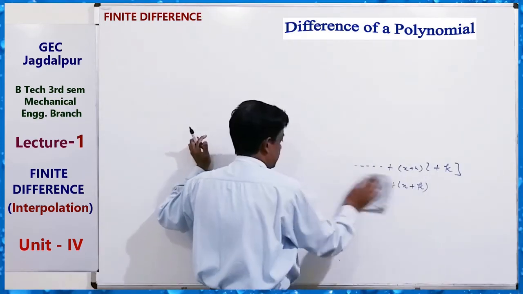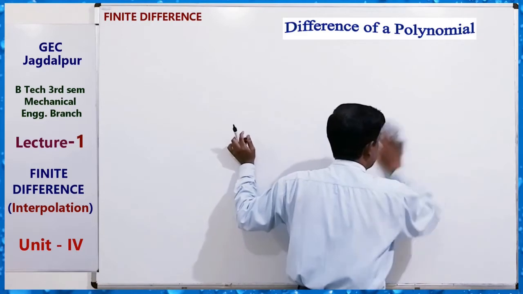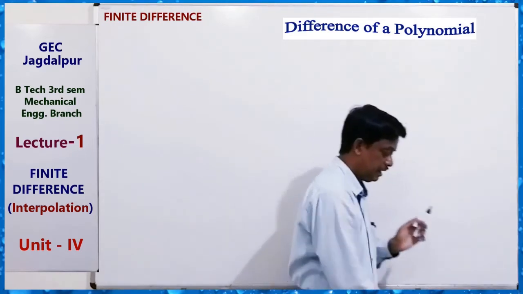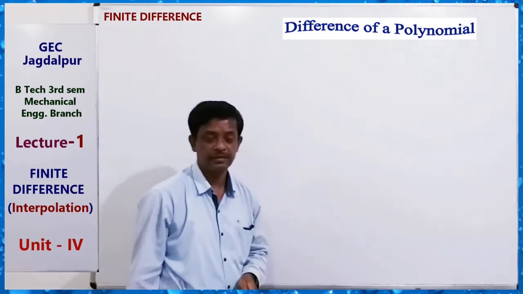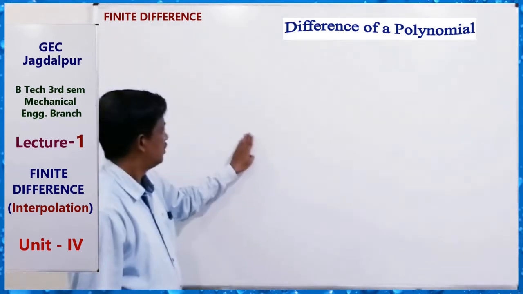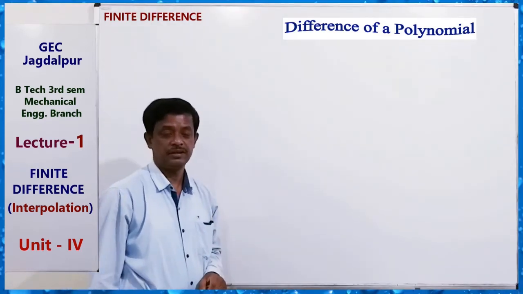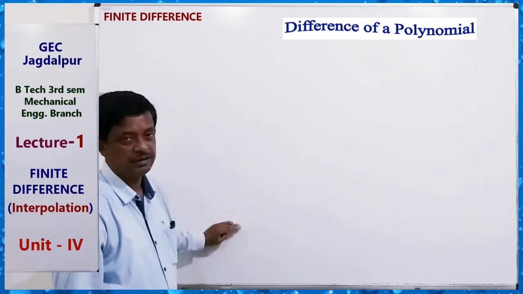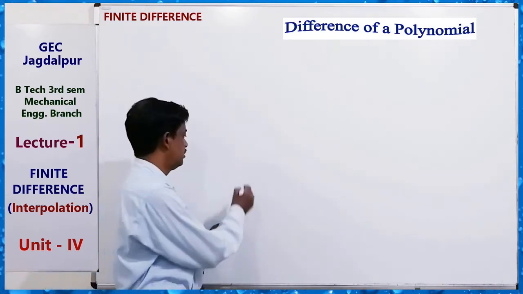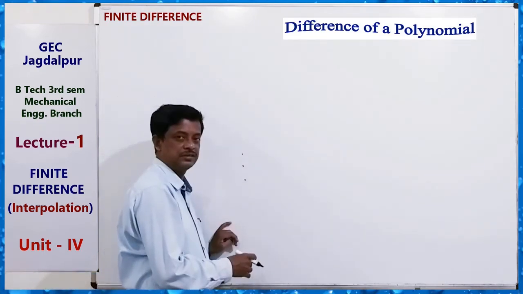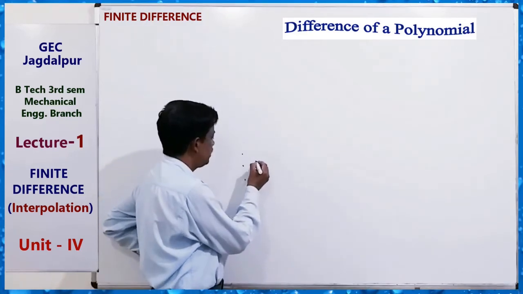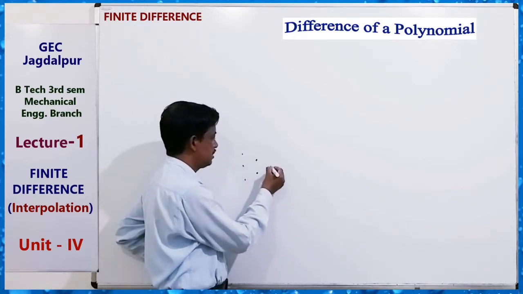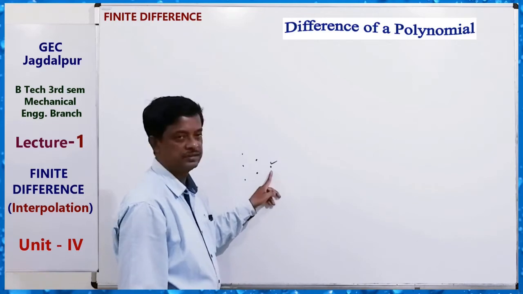So, by taking this concept, also here one thing, just note down that if we are given 3 entries, 1, 2, 3, then we can get the first difference, second difference. This is the first difference, this is the second difference. The second difference will be constant.